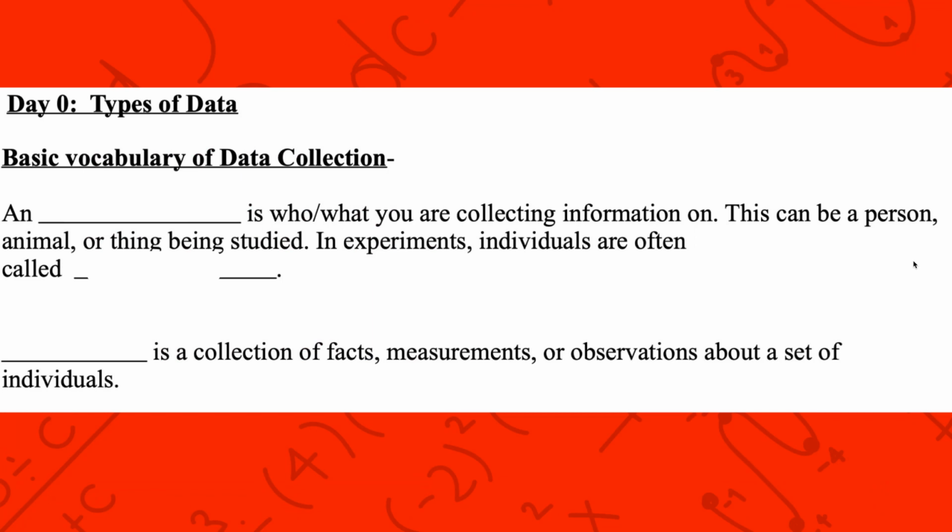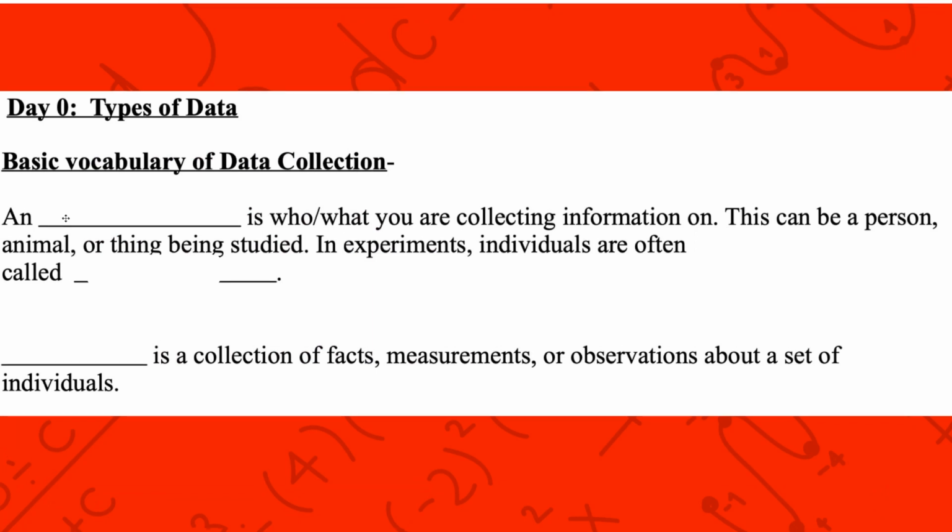All right, so when you're trying to collect data, when we're talking about statistics, it's all about interpreting data. If you're going to try to collect data, you need something to collect that data from. What we need to be able to do is identify who the individuals are.